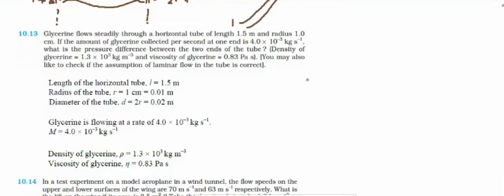We can use a formula. Just study this formula. V is equal to pi P r raised to 4 divided by 8 eta L. This formula is known as Poiseuille's formula.